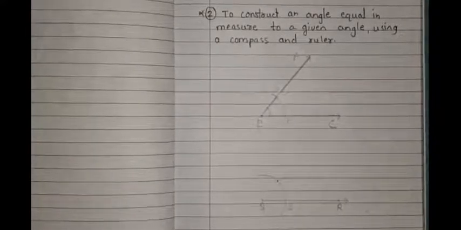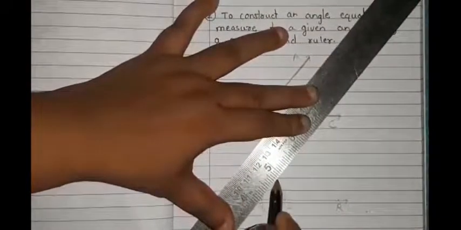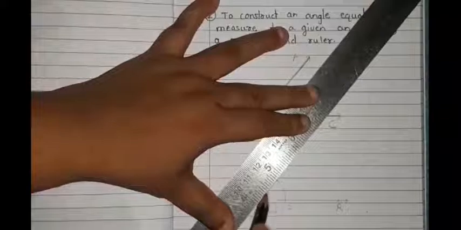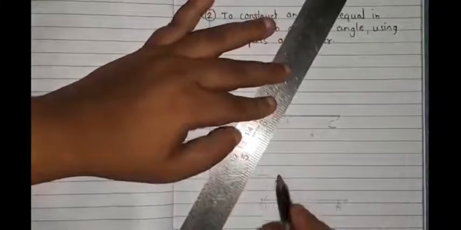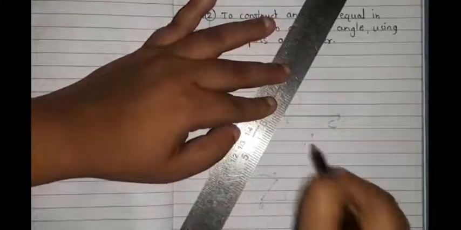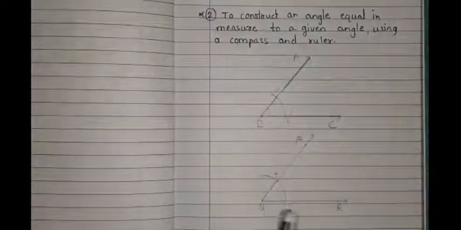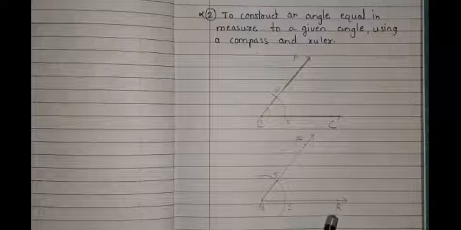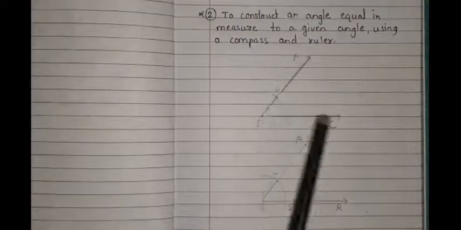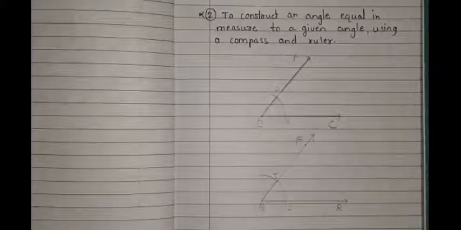Now again I will take the scale and join this point Q to this point. I will name it T and here I will name P. So now I have got angle PQR which is equal to angle ABC. Now I will measure both the angles and check whether the measurements are correct or wrong.